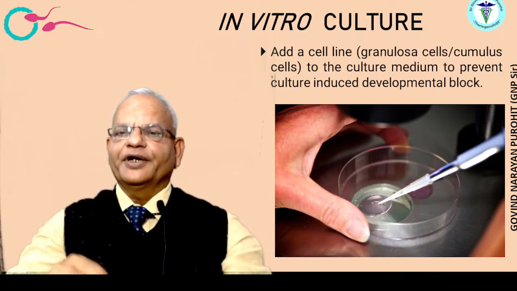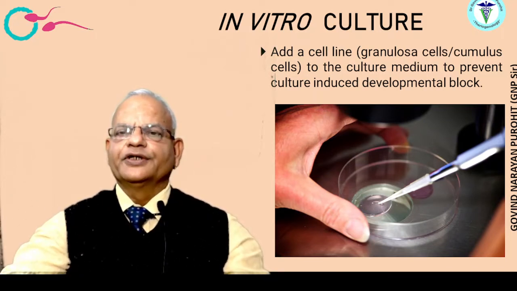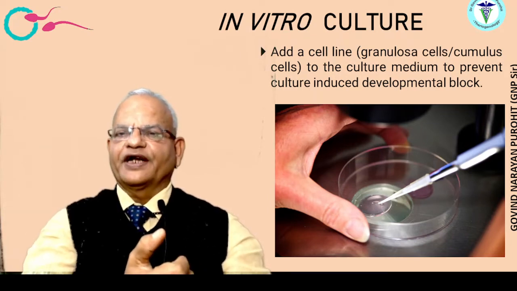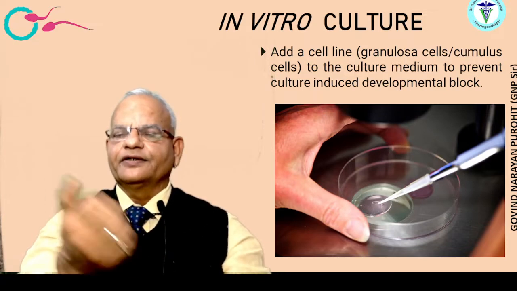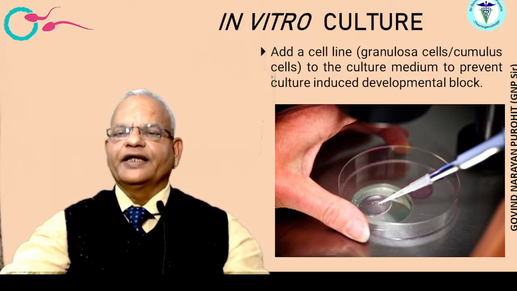And then you can add medium, and because there will be a lot of cells, you have to take a small amount and then place it in fresh medium, add fresh medium, and then do repeated pipetting to separate out those cells, and this cell line will then be added to the presumptive zygotes that are being cultured.